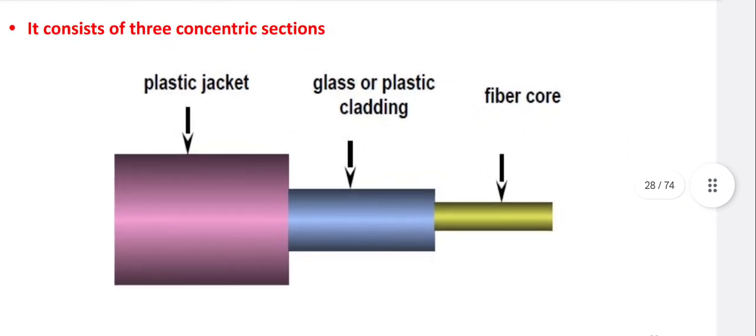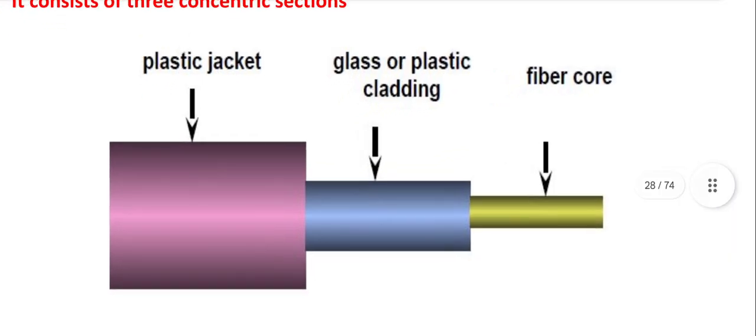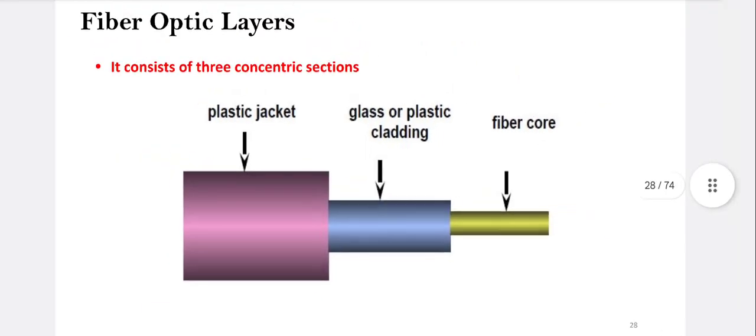Usually the fiber core is made up of silica glass, the fiber cladding is made up of glass or plastic fiber materials, and the buffer coating, the last layer, is made up of a plastic jacket.